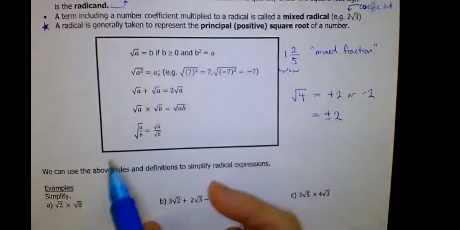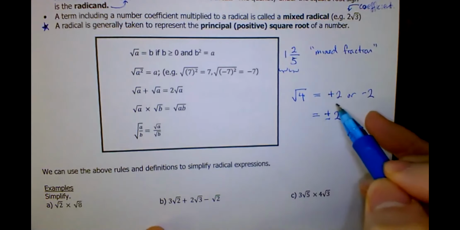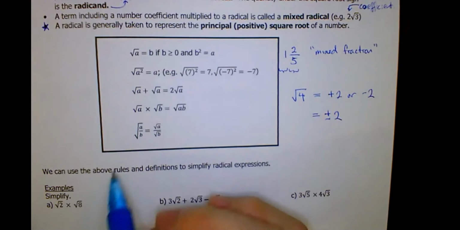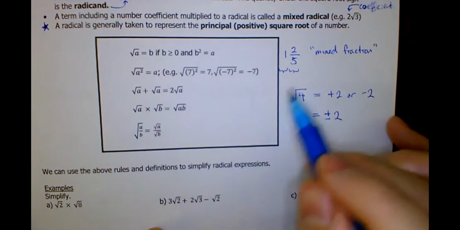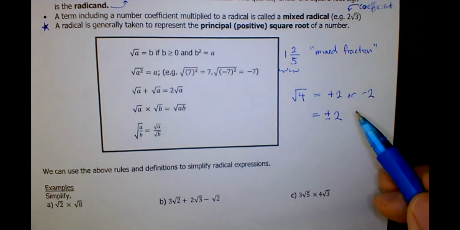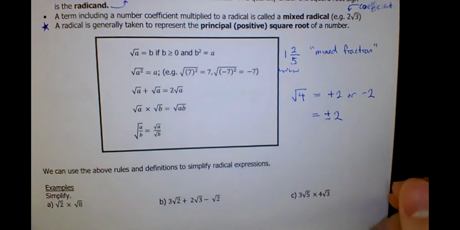But for now, as you'll see in my examples as I work through them, I'm going to assume that it's a plus because we're trying to focus on the technique and the skill. We're not trying to apply it to things like quadratics and solve a mystery question here. So for now, when we simplify, don't worry, it's going to be just a positive.